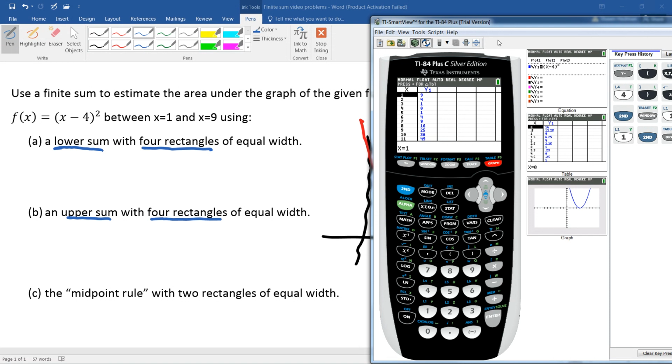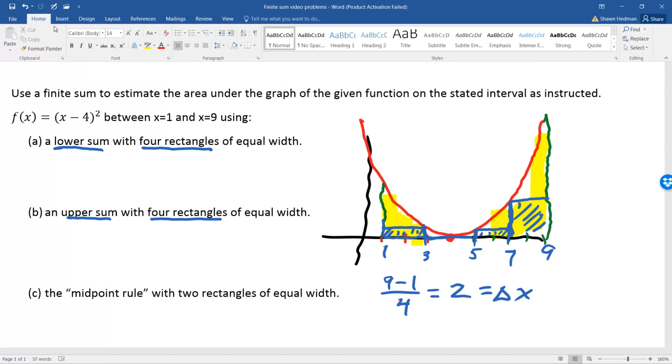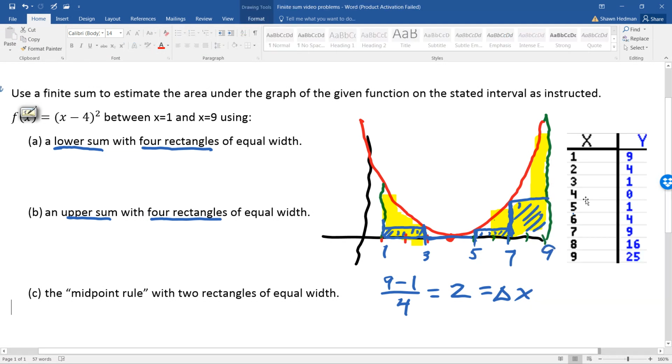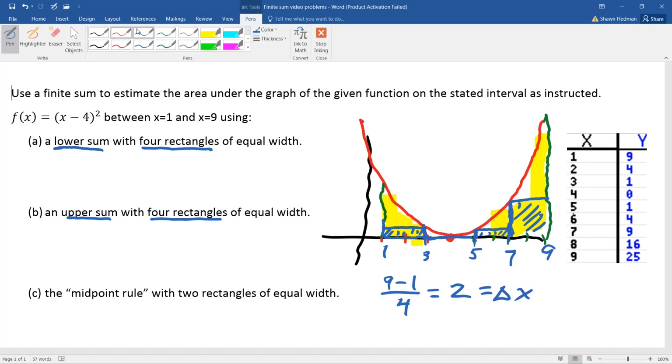And once we have this table in front of us, this table is what we really need now to compute these estimates. So for the lower sum, the lower sum is going to be the area of these 4 rectangles.